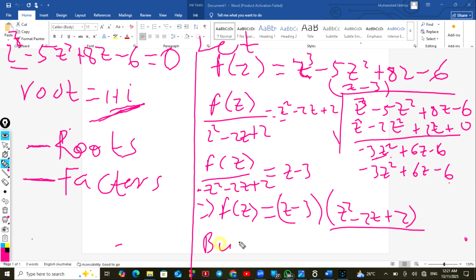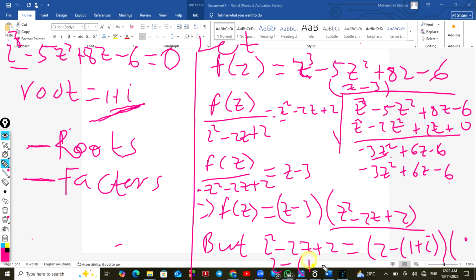But z square minus 2z plus 2 is equal to what? z minus 1 plus i multiplying z minus 1 minus i.